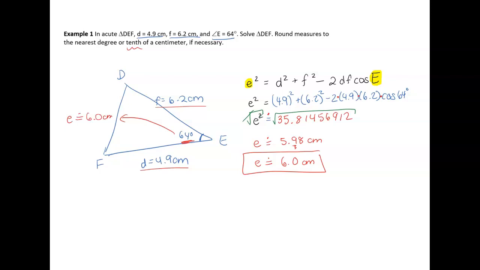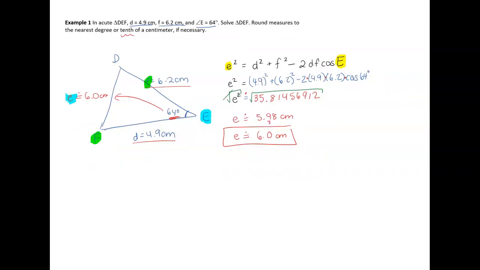I now have a pair. Do you remember what law allows me to solve for other angles if I have a pair? I now have a pair of a side length and an angle. So now using another side length, so for example F, I can now solve for the angle F.